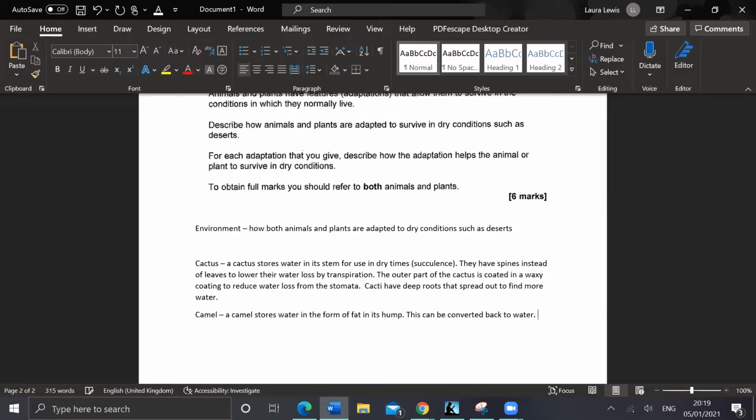Okay, so if you're close to a camel, they've got long eyelashes. They're quite sort of pretty animals. Long camels, long eyelashes to keep sand, obviously deserts usually covered in sand, sand out of their eyes. Okay.